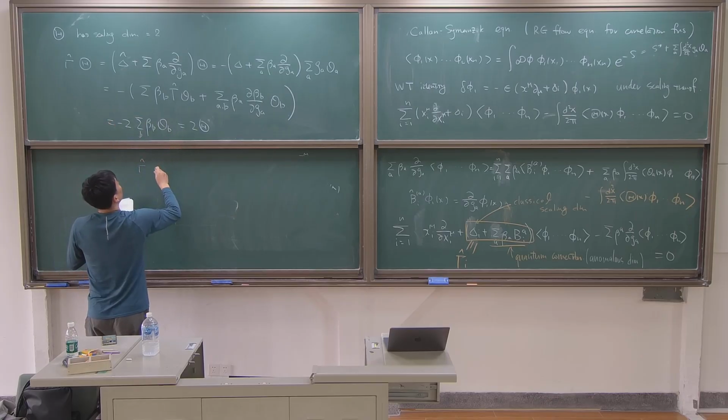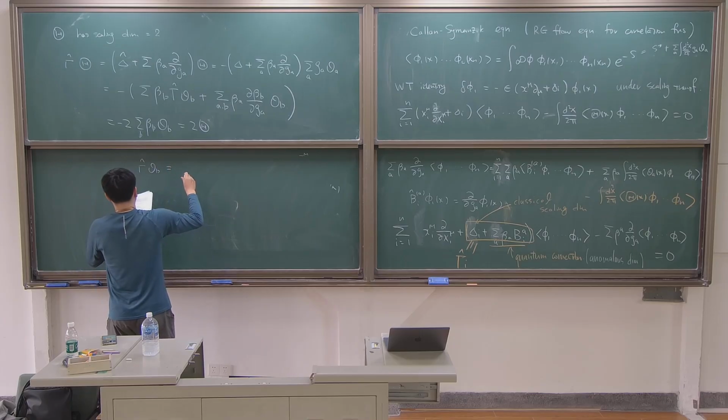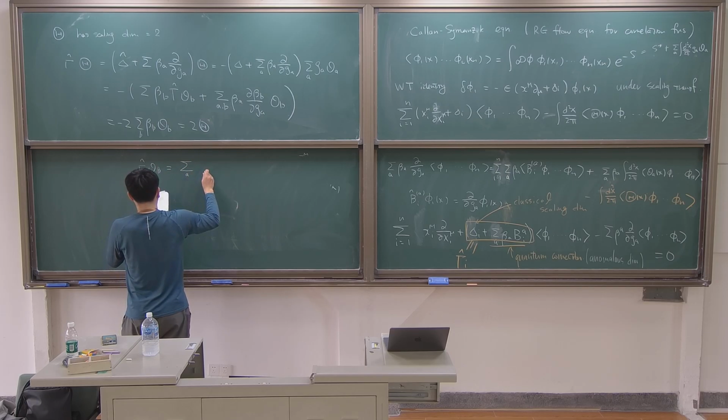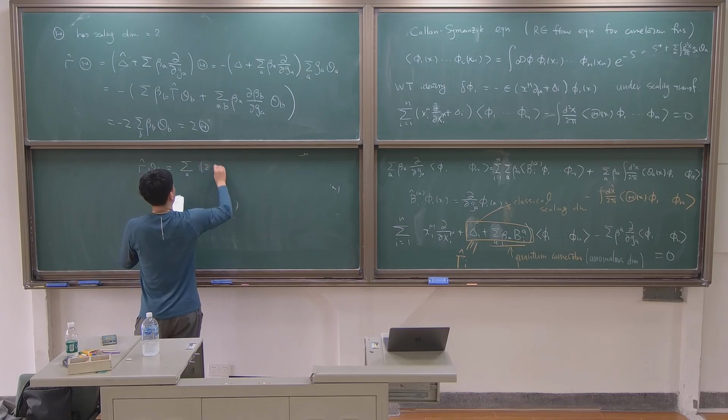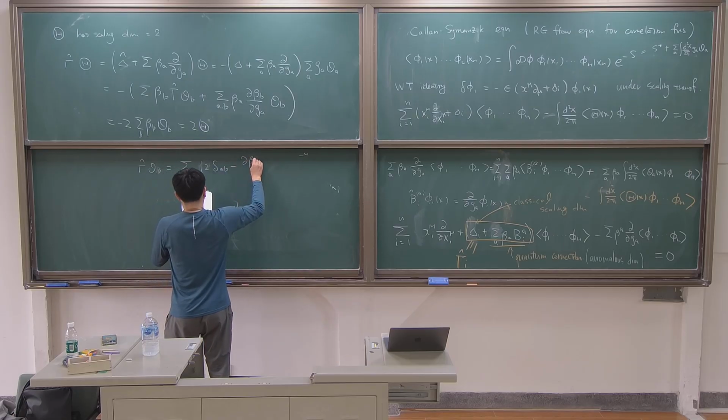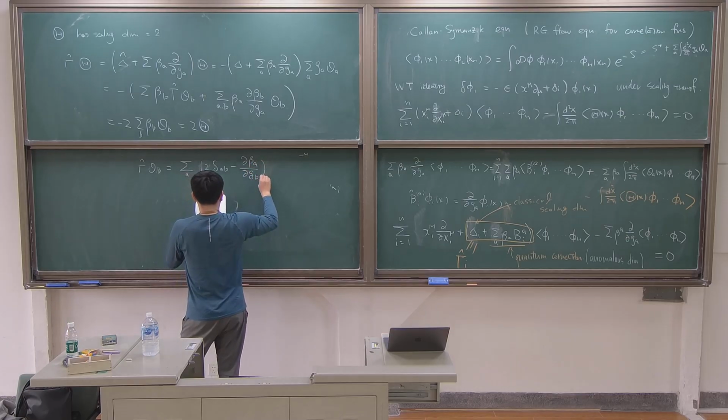So this gamma acts on O. To satisfy this equation, gamma of OB has to be equal to, so OB acts on gamma OA, gamma, so 2 times delta AB minus delta beta A delta B. Okay.